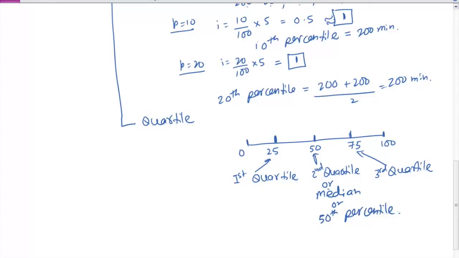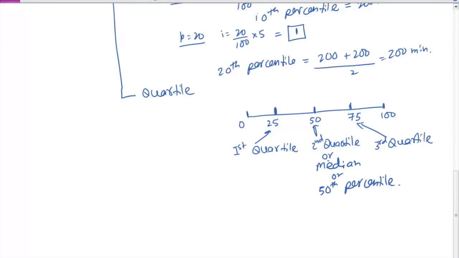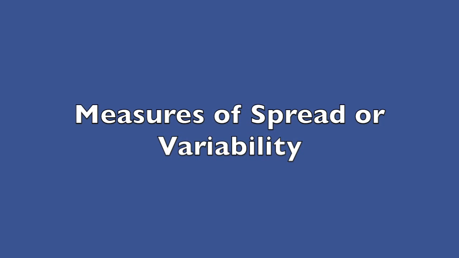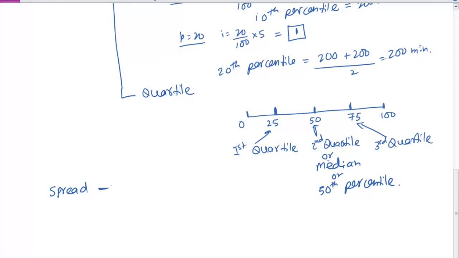So these are some of the numerical measures of location, which tell you where most of the values are concentrated, or how the overall data is divided into percentiles or quartiles. Another thing we are interested in is the variability or the spread. Location gives you only part of the information about the data.